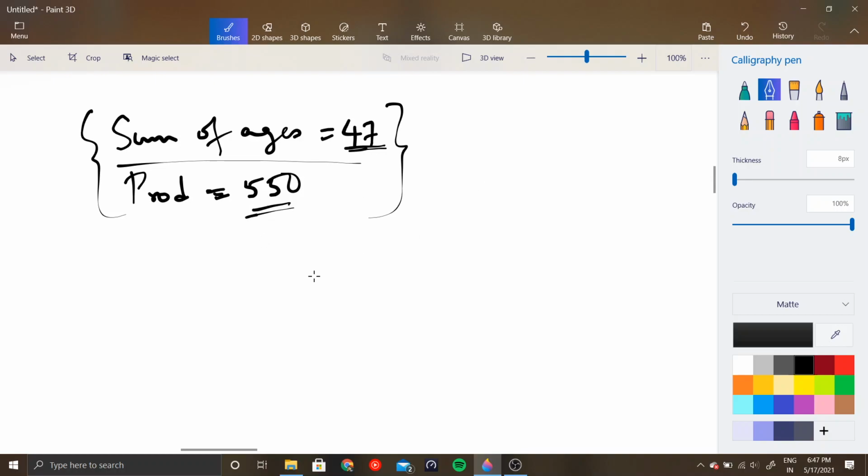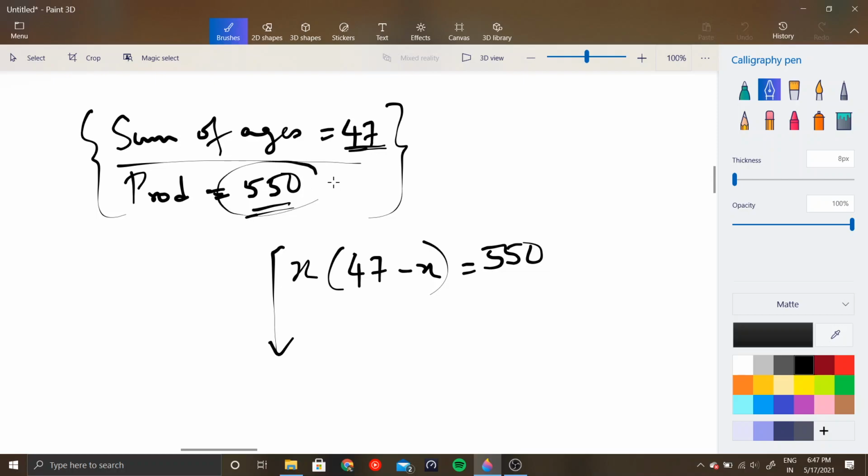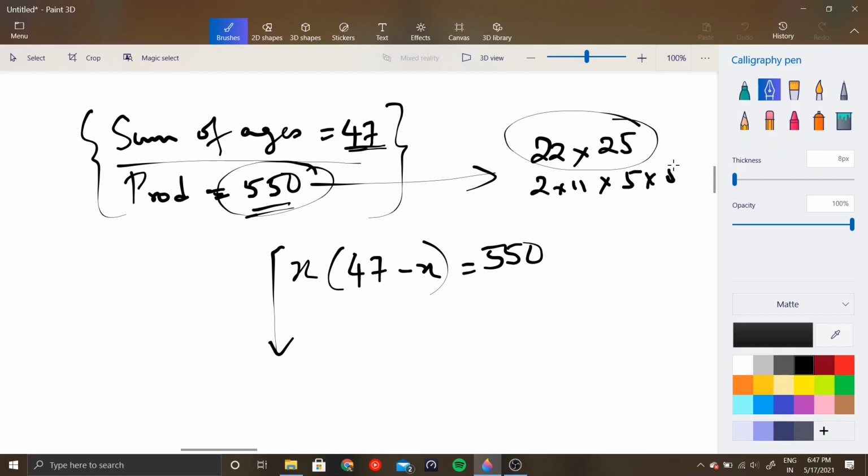If you use a quadratic equation, this will amount to x into 47 minus x equal to 550, and if you solve this equation, you will get the answer. But I don't want you to do this problem this way. Basically, first factorize 550. You will get 22 into 25, which is 2 into 11 into 5 into 5. These are the factors.